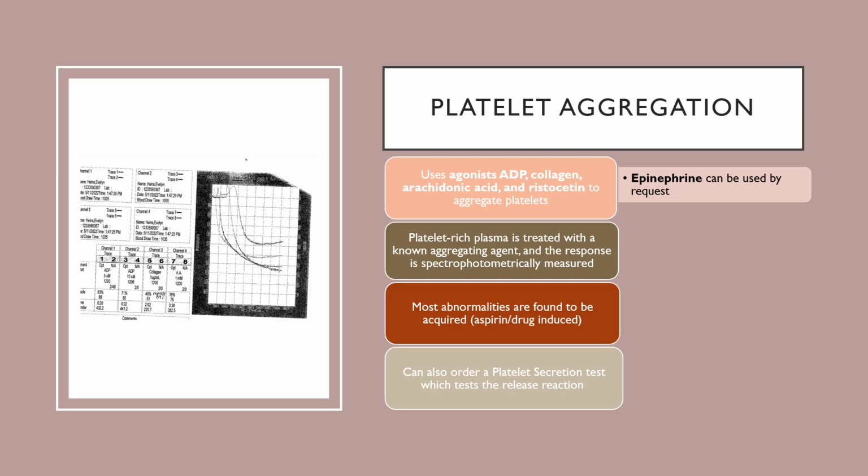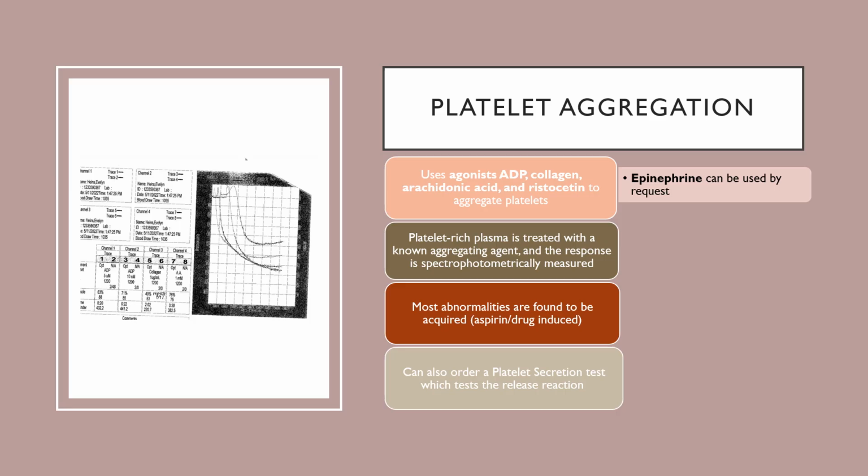But ultimately, we spin the sample down and take platelet-rich plasma. We want just the platelets, not the cellular components outside of the platelets. And we stimulate them in various cuvettes with agonists: ADP, collagen, arachidonic acid, and ristocetin. And if the physician requests, we can also use epinephrine.